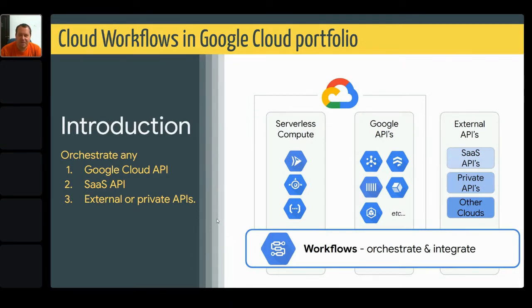It's a managed service, and it connects with a lot of underlying infrastructure, either inside the cloud or outside the cloud as well. Essentially, you can orchestrate, connect, which if you don't know the English word orchestrate, means that it connects eventually. You can connect any Google Cloud API, any SaaS API, or external or private API. So whatever is callable under the HTTP protocol can be connected.